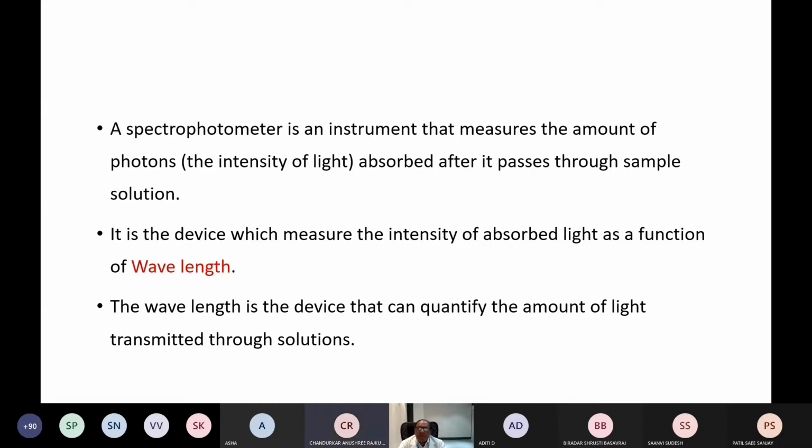After that we also measure the test and see the difference between the standard and the test, and we calculate and report it.